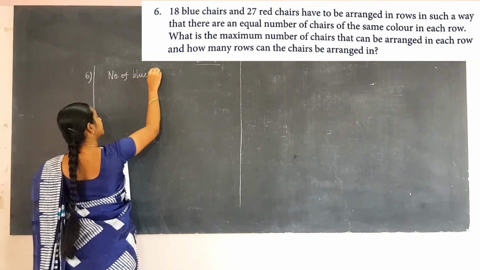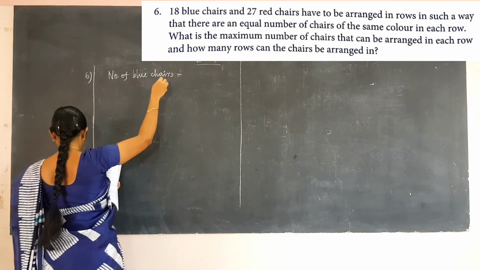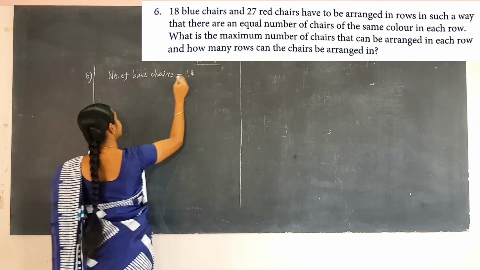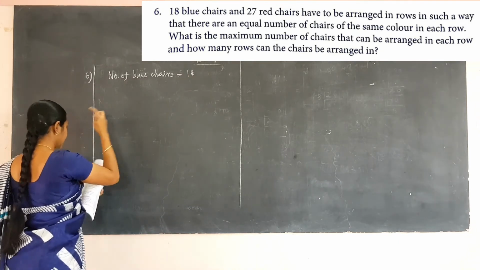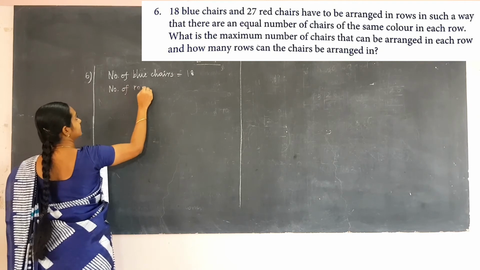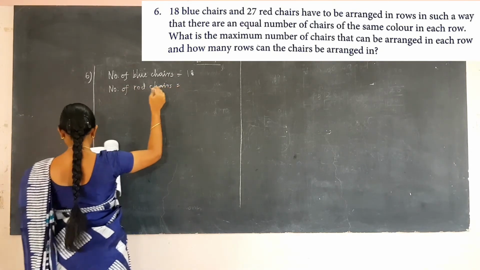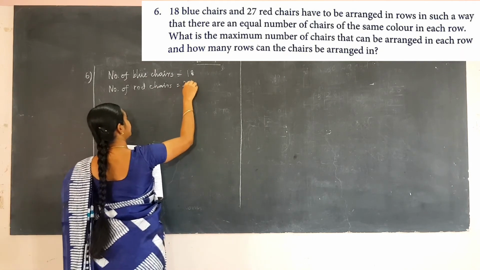Number of blue chairs is given as 18. Number of red chairs is given as 27.